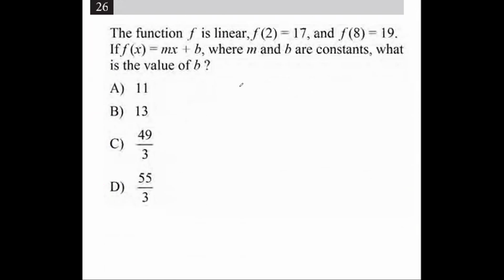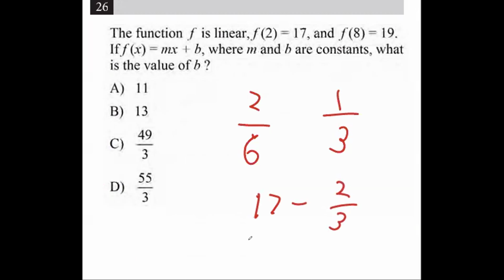For the slope, 8 minus 2 is 6, and 19 minus 17 is 2, so 2 over 6, that's 1/3. Then to find f of 0, the intercept, you just have to go left 2, so 17 minus 2/3, which is 51 over 3 minus 2/3, which is 49 over 3. So correct answer C. And it's time now.